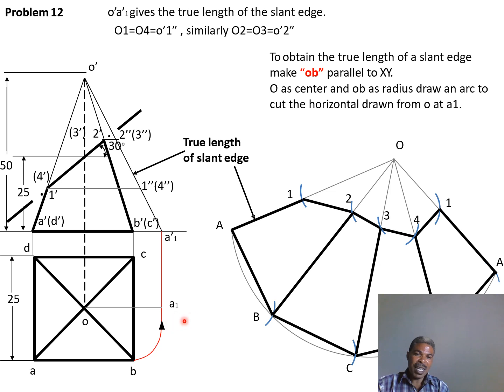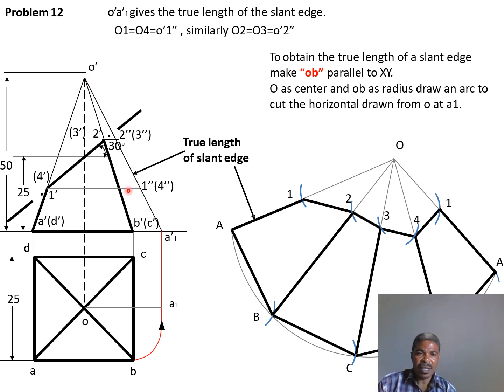This point A1 is projected vertically, parallel to the line here, forming A1 dash. A1 dash is very important for our case because it's where we will draw our true length of the slant edge. So our line of slant edge emerges here up to O dash.